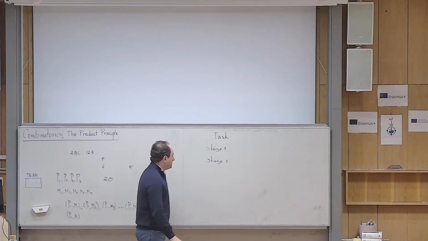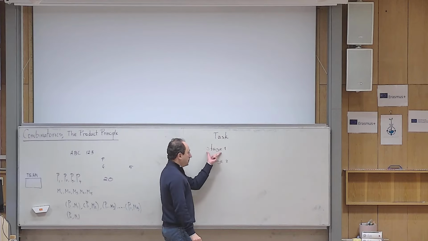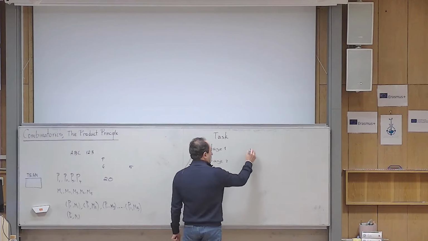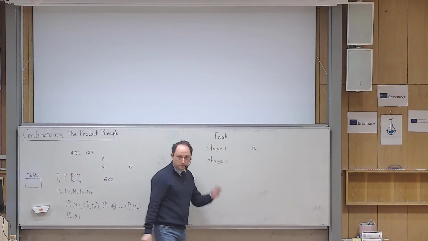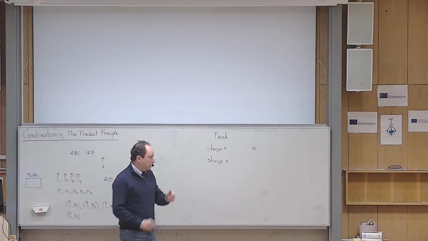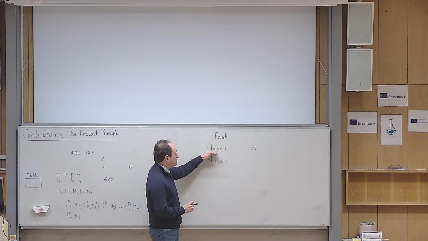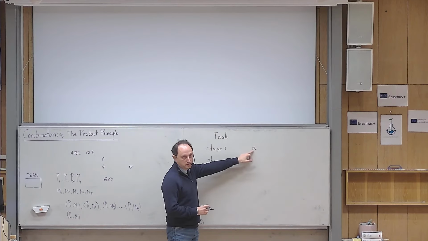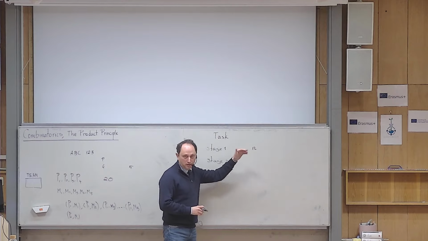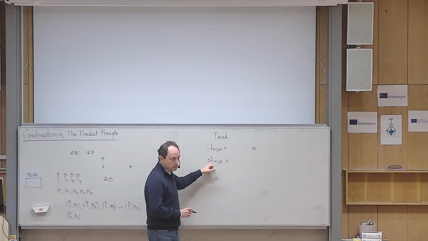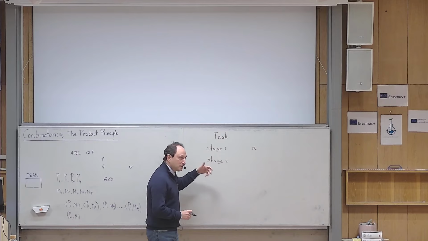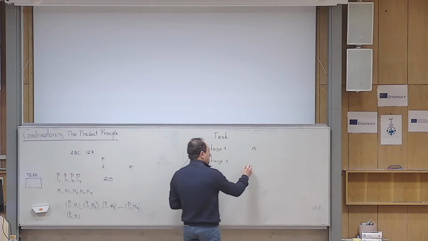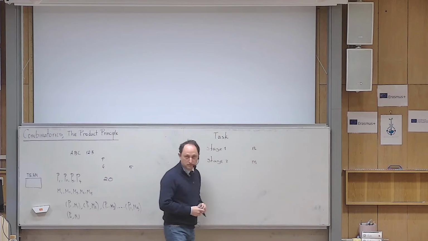Okay? And let us say that stage number 1 can be done in n distinct ways. And now let us say that stage number 1 is done in one of these n ways. After this is done, the second stage, independent of how the first stage is done, can be done in m different ways.